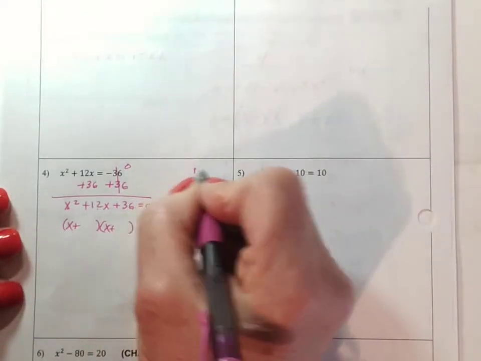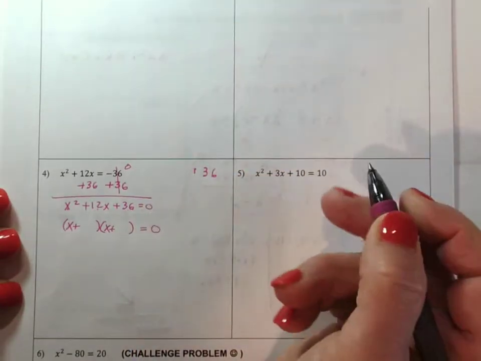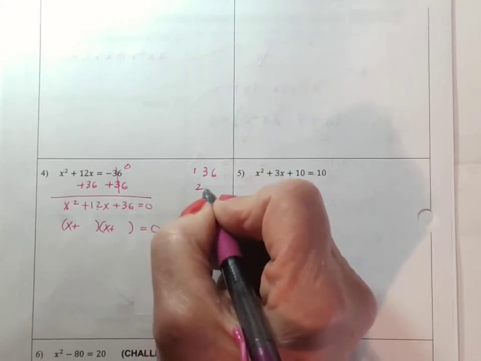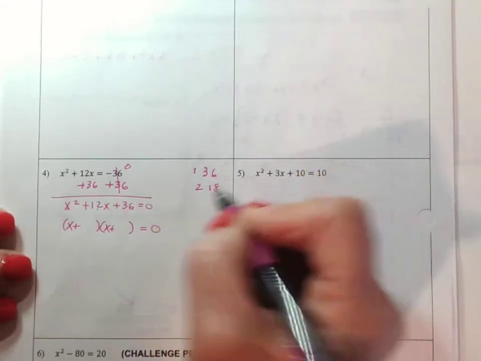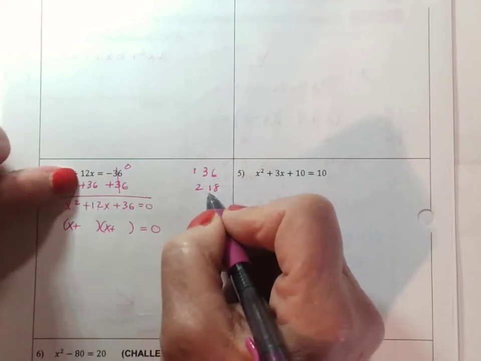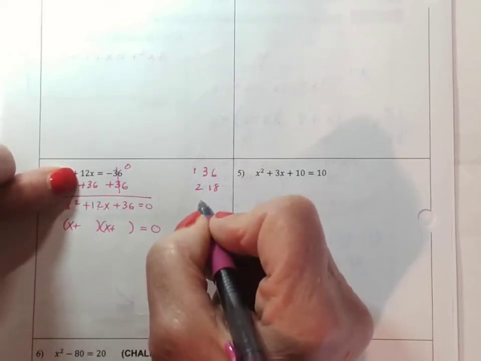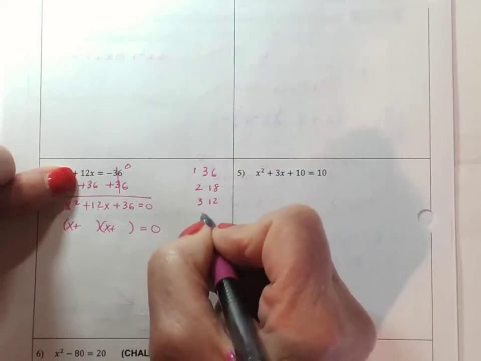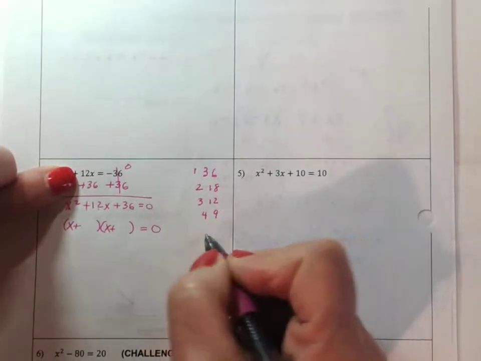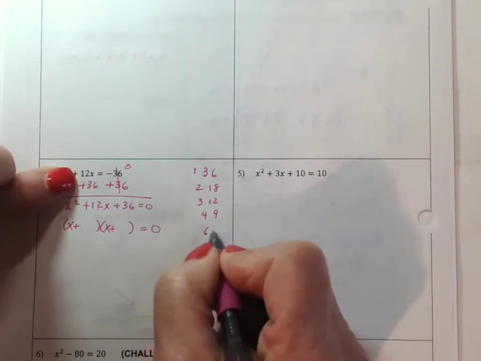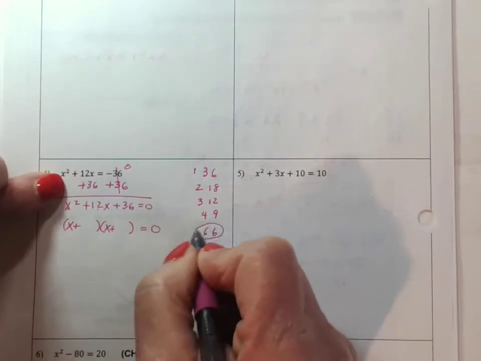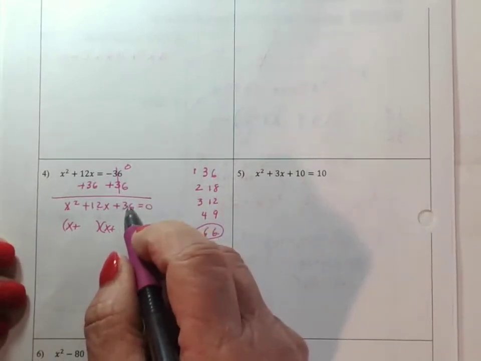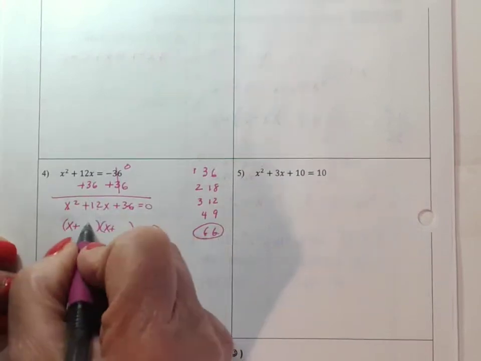But in case you don't, you could just write down the factors over here. 1 and 36, 2 and 18. That wouldn't work because we're trying to get 12. 3 and 12, nope. 4 and 9, nope. 6 and 6, bingo. Because 6 times 6 is 36, and 6 plus 6 is 12.